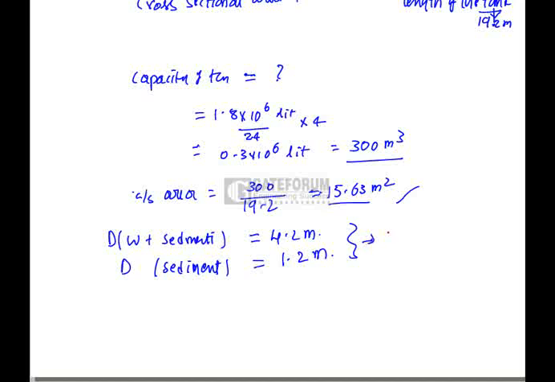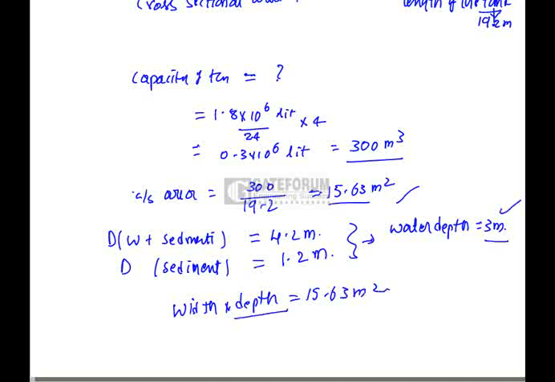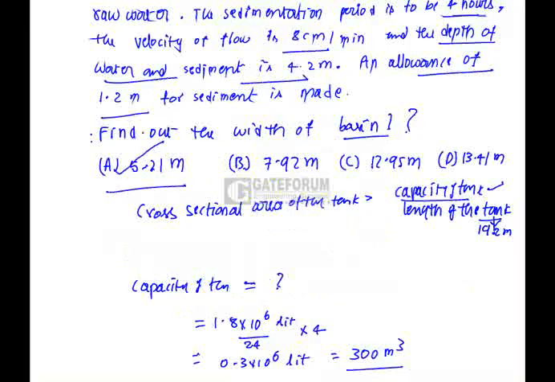So the water depth is equal to 3 meters. Cross sectional area, width into depth, is equal to 15.63 square meter. By substituting depth of 3 meters in this equation 1, we get width is equal to 5.21 meters. That is, option A is correct.